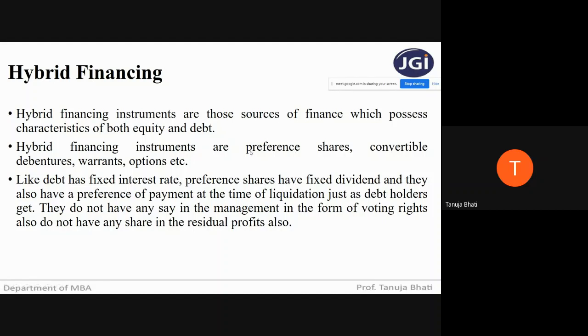And even in case of winding up, first the debenture holders are paid off, and then the preference shareholders' capital is paid off. So hybrid financing means a combination of both debt as well as equity. Regarding warrants, we will see in the succeeding slides in detail. So is this clear, students? What is hybrid financing?